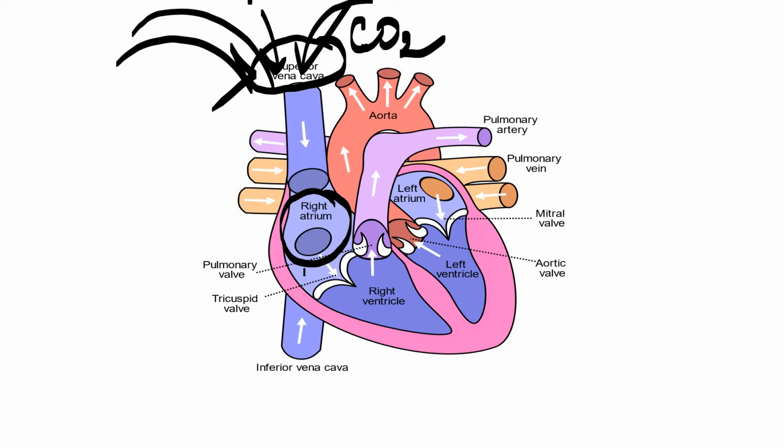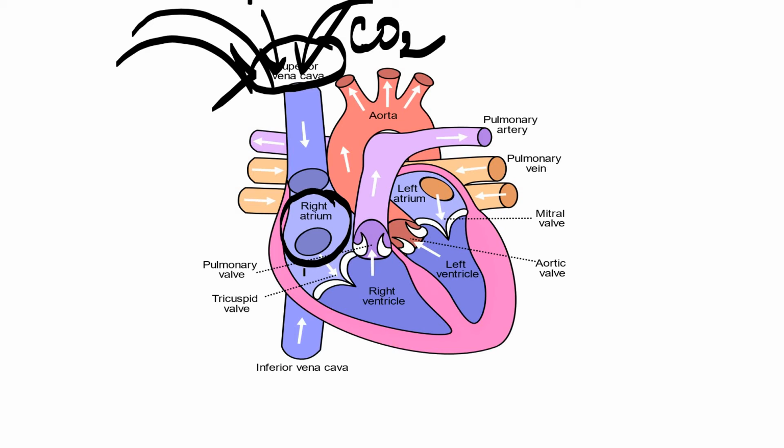Again I repeat, the superior vena cava is a large vein which carries carbon dioxide rich blood from the upper part of the body to the first chamber, the right atrium.